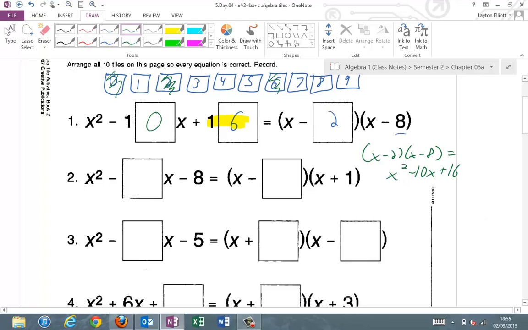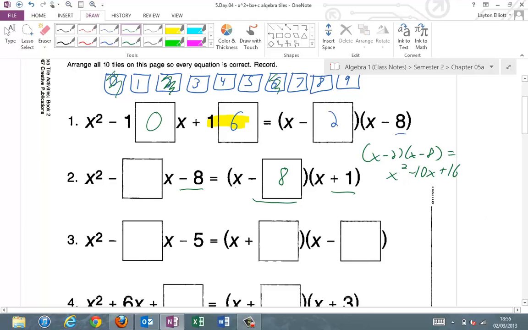Okay, let's move on to number 2. I have plus 1 and minus something, and it ends up being a minus 8. I'm looking at the last term first because that's our multiplication step, whereas this is our addition step. Since 1 times this negative box is negative 8, this negative box must be a negative 8.